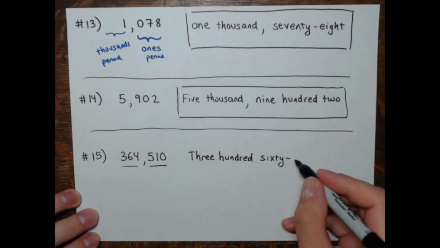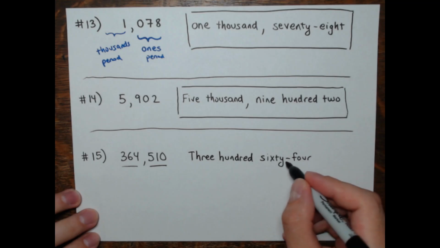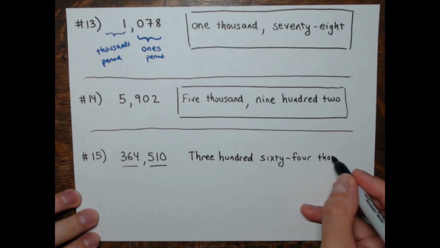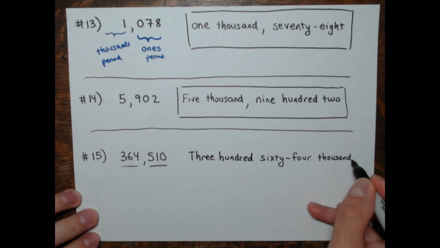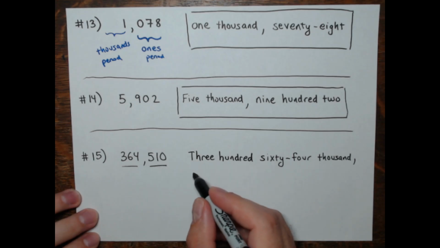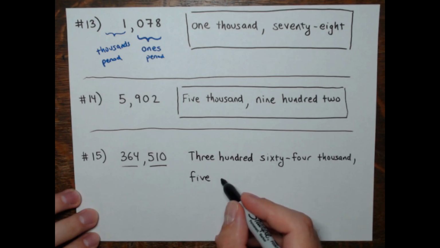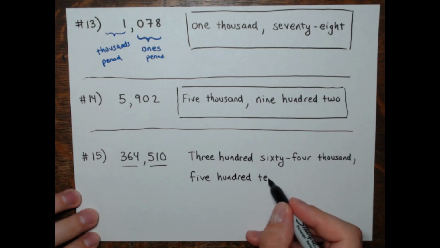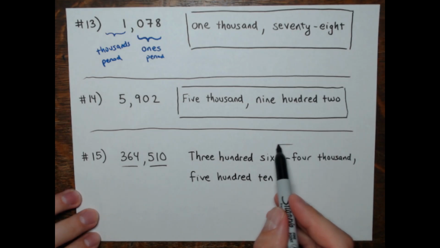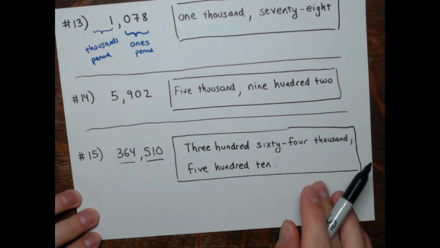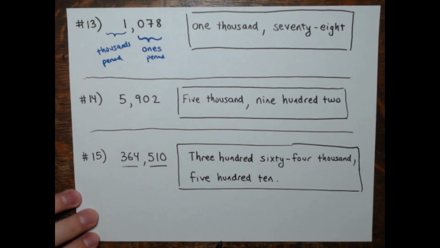So it's 364 with the hyphen, 1,000, comma, and then the ones period, 510. And that's it. There are the words that represent that number.